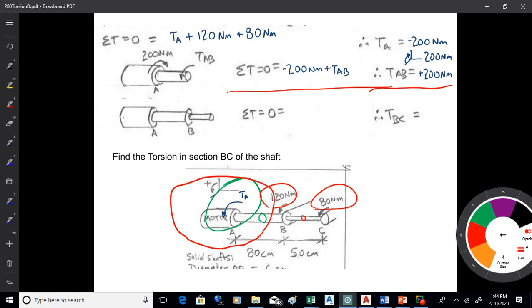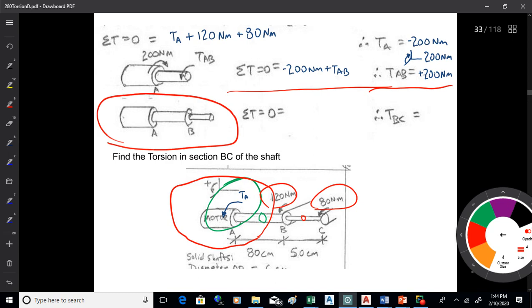Okay. And again, there's two ways to do it. You could kind of do it in this formal way I'm describing. I've got that free body diagram set up already. So you can go ahead and put the torsions that you know are on there, 200 Newton meters. And then what's going on at B? 120? I think so.